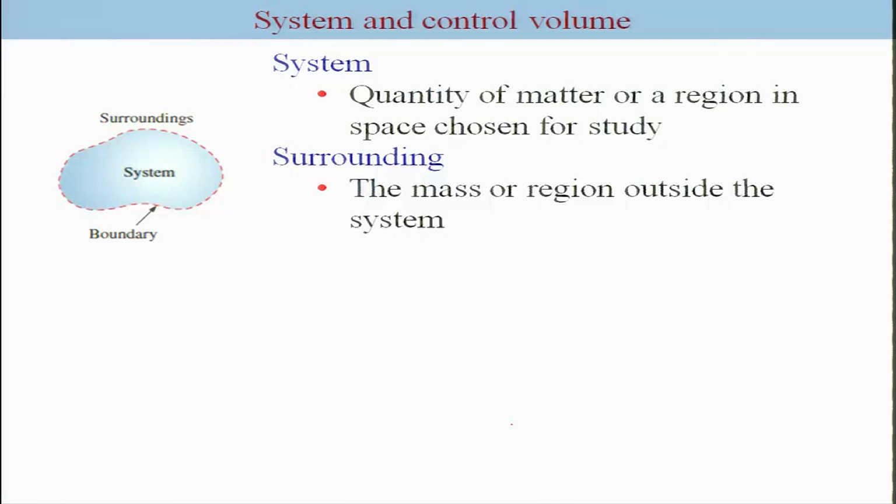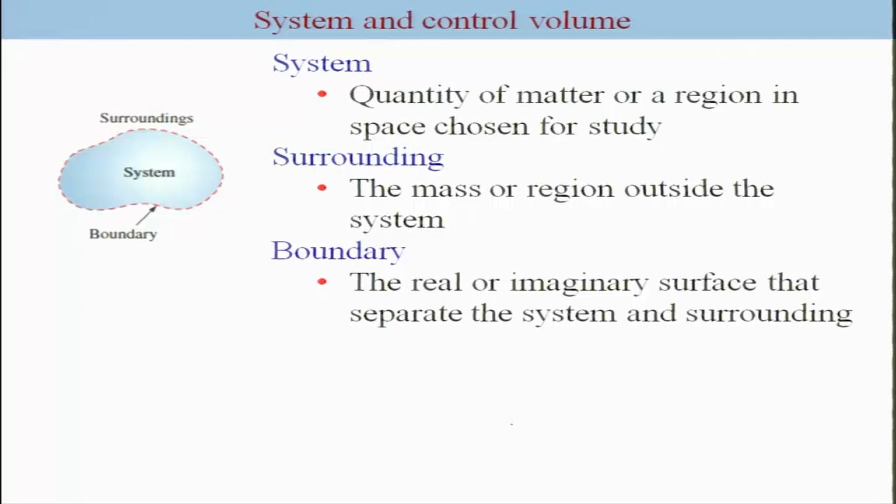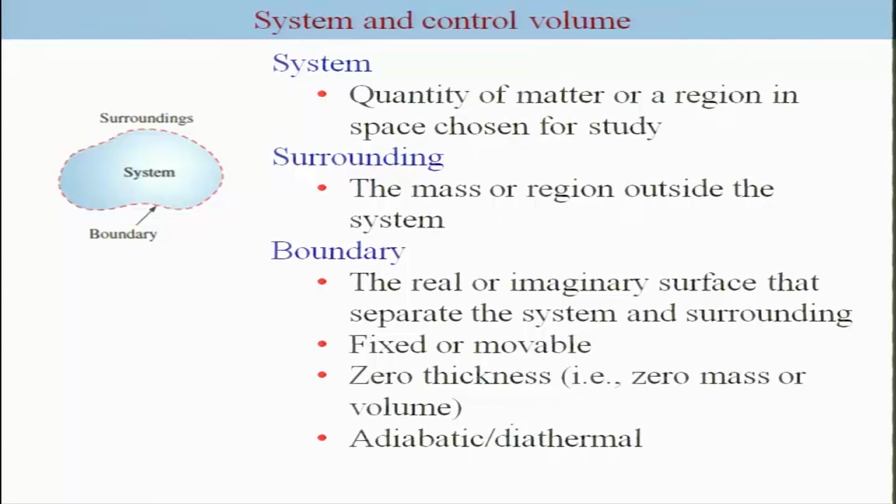This is separated by a boundary, which does not have any specific volume. Thus the boundary could be a real or imaginary surface. It usually is fixed, but it could also be movable depending on the system we are interested in. In addition, it could be adiabatic or it could be diathermal.